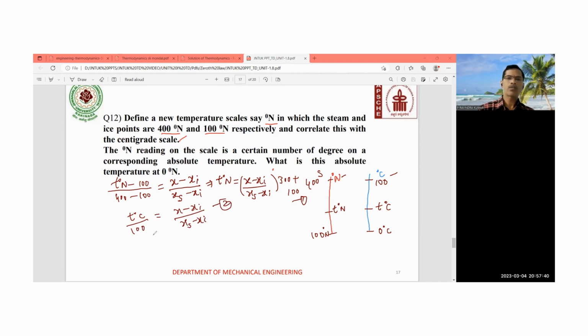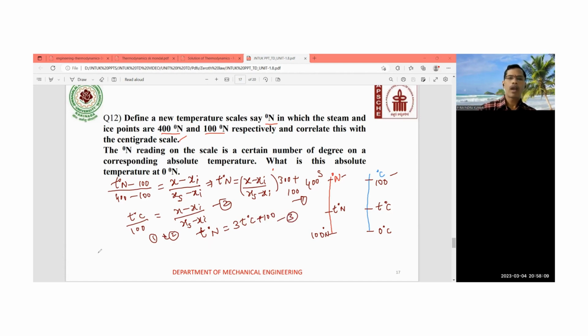So from equations 1 and 2, you can get the relation for T degree N. Finally, after making the calculation, T degree N is equal to 3 T degree centigrade plus 100. So this is equation 3.